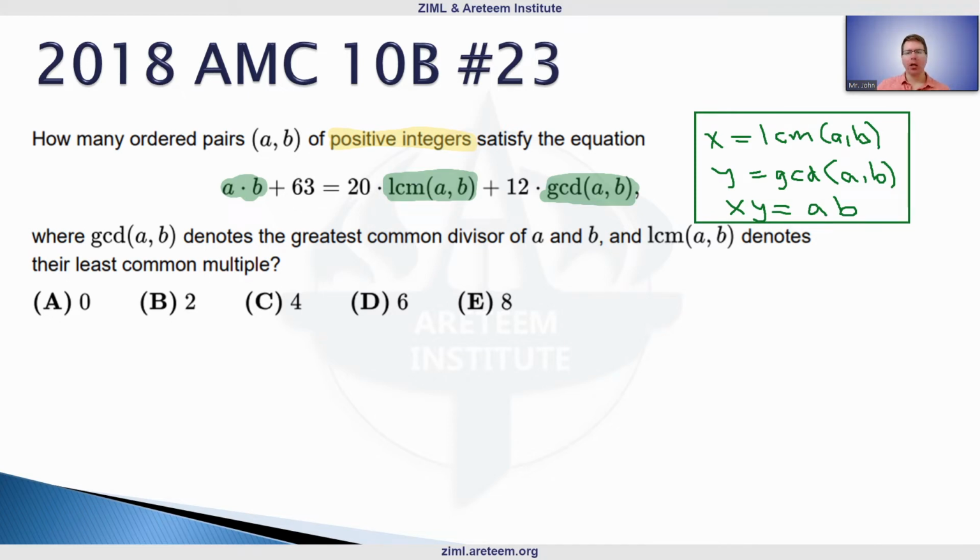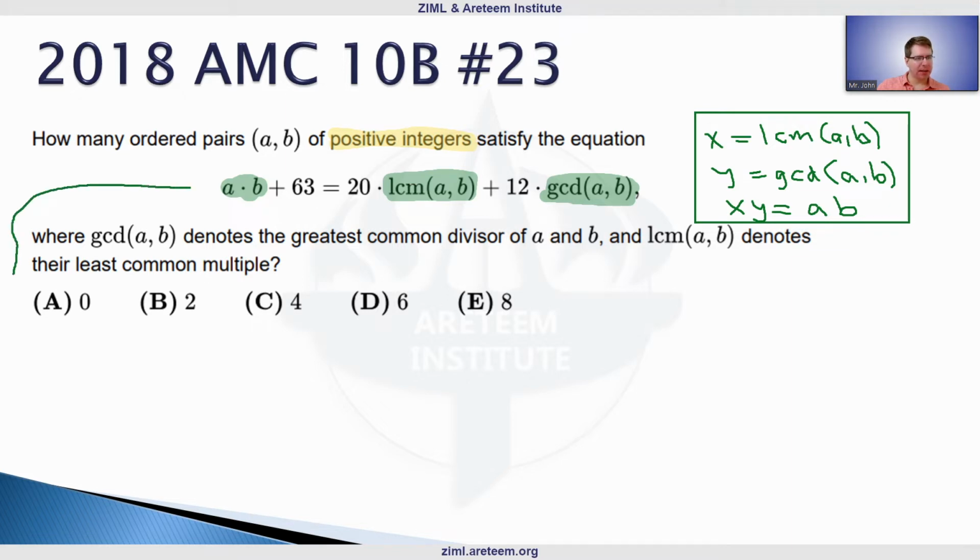Because now we can rewrite everything in terms of x and y. Notice that that is still then different variables. We have x and y at the end. We're going to have to turn this back into A's and B's and think about that as well.